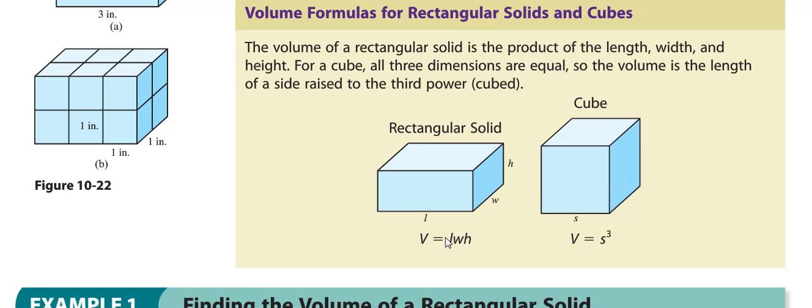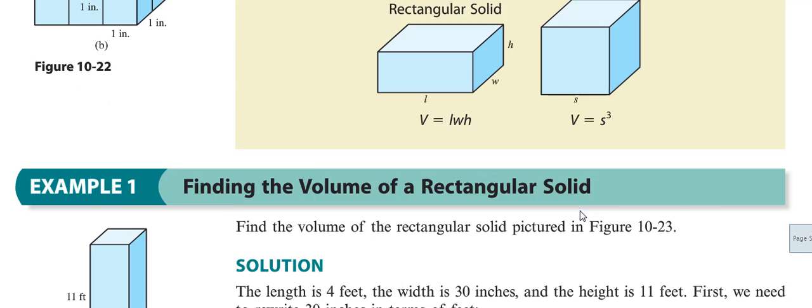So if you use L W H, you would have S times S times S, because each one of these measurements is the same. And of course, S times S times S is the same as S cubed. So these are the formulas that you will use to find the volume of a rectangular solid or the volume of a cube.